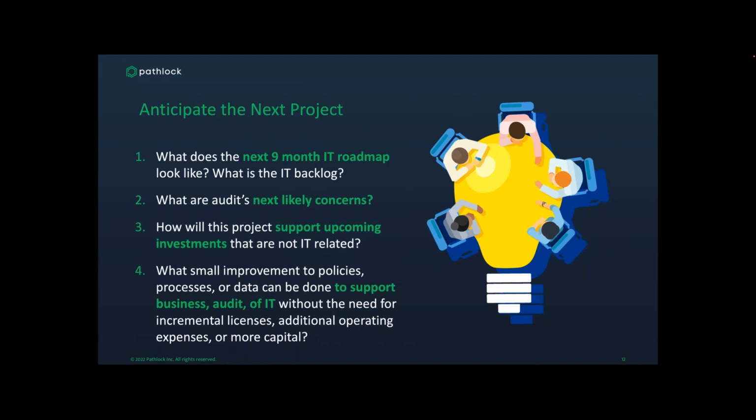But more and more with compliance and security, it's coming down to the content and not so much the product or the tool itself. So how is the content going to evolve over time as well? What small improvements to policies or to process definitions or to data can be done to support your different stakeholders that might not need incremental licenses or might not need additional operating expenses or more capital?